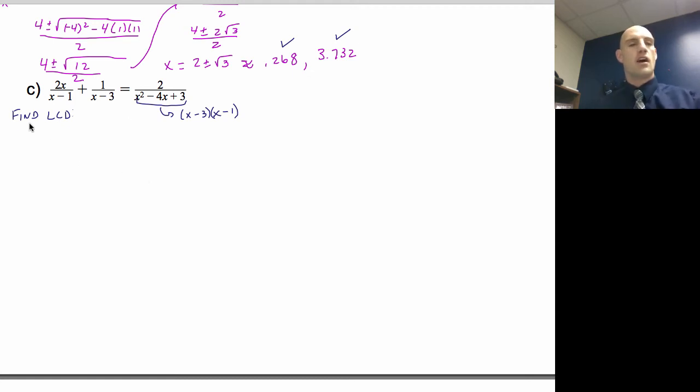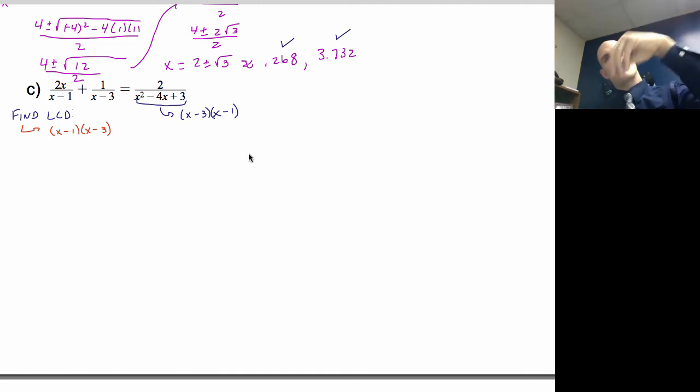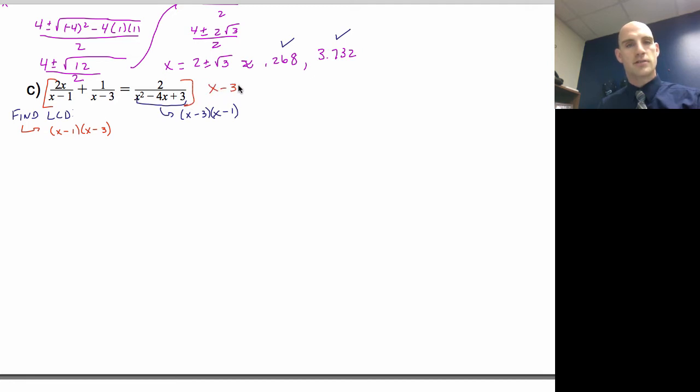So what does that mean? Well, my LCD is then going to be x minus 1 times x minus 3. So it's the combination of both of the singles plus the one that forms the quadratic. So when I multiply this whole thing by x minus 3 times x minus 1, here's what I get.